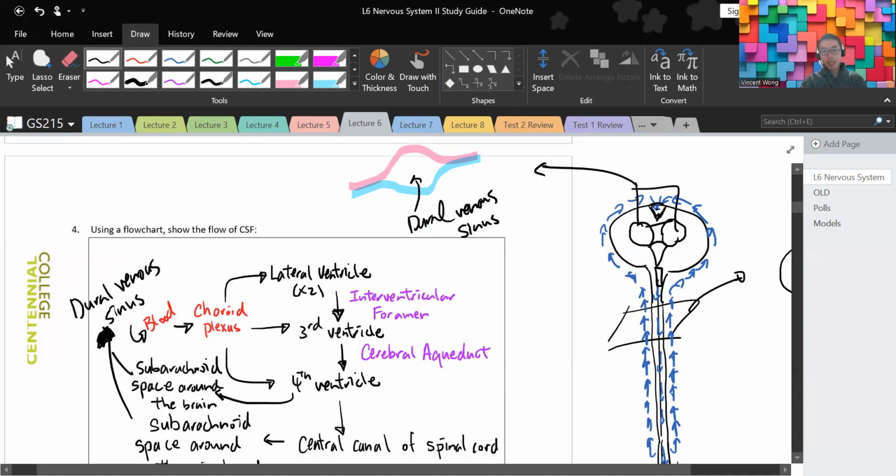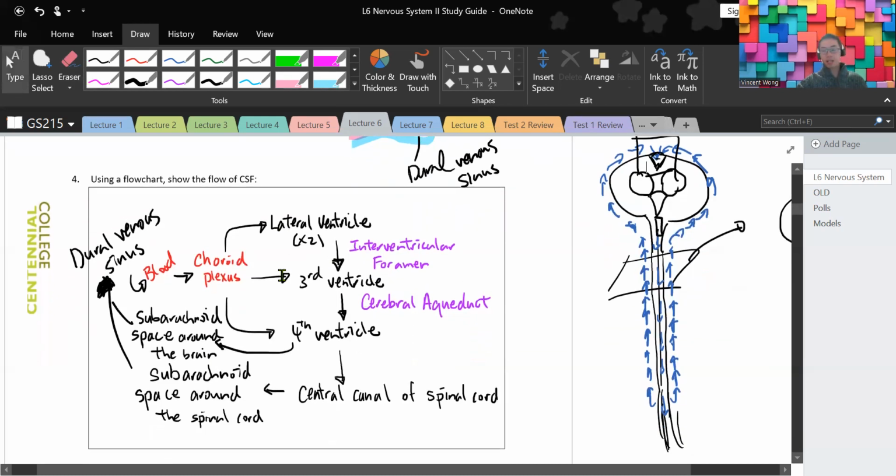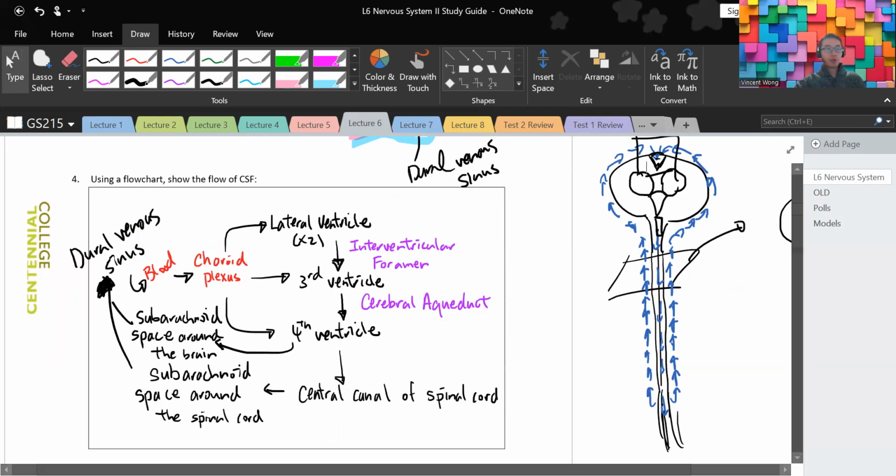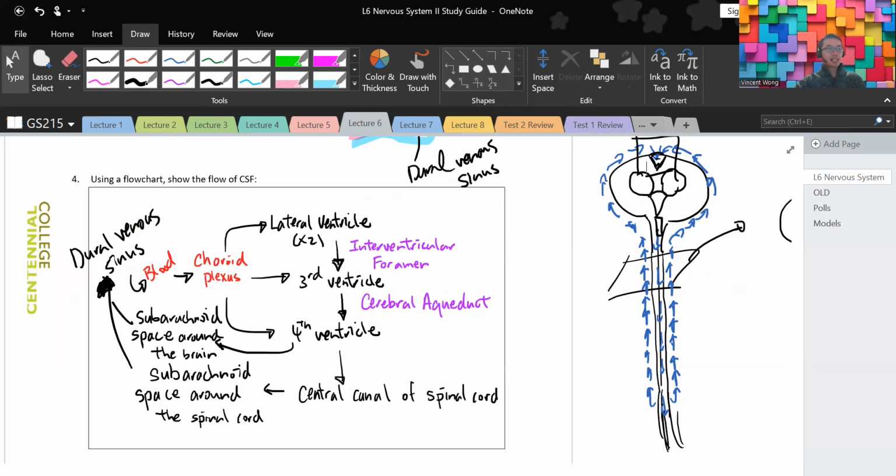There's a little pocket, the dural venous sinus, that it can go to, and then it will return the CSF to the blood. And then you just repeat the process the whole day. Like I said earlier, you make 600 to 700 of these on a daily basis. So that's the flow of CSF.